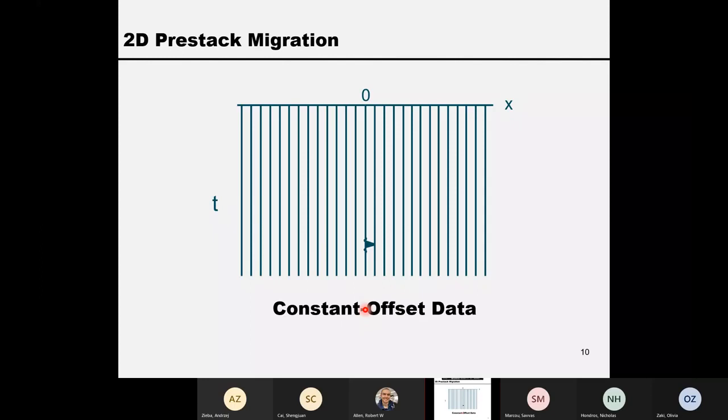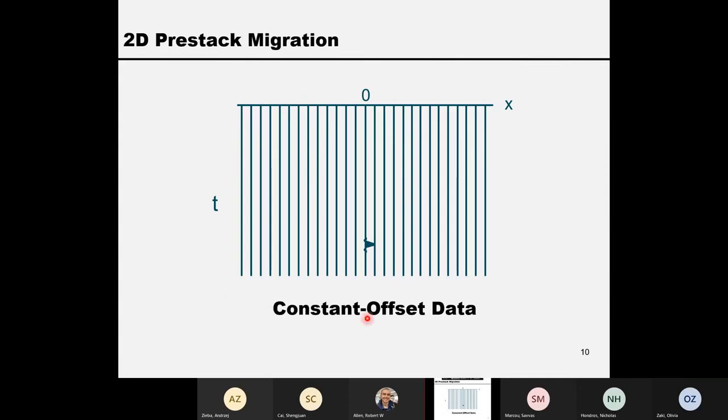How to do the Prestack migration? Right. This is a seismic data. Horizontal distance x, vertical axis is t. So that's in the Prestack domain. This could be a shot gather, could be a receiver gather, could be a common offset gather. Doesn't matter.